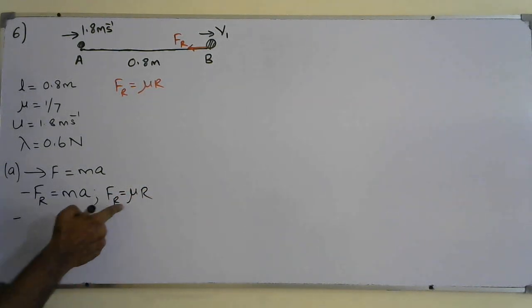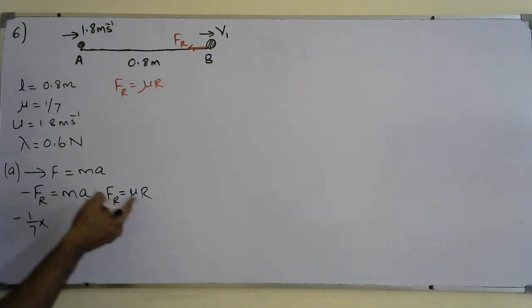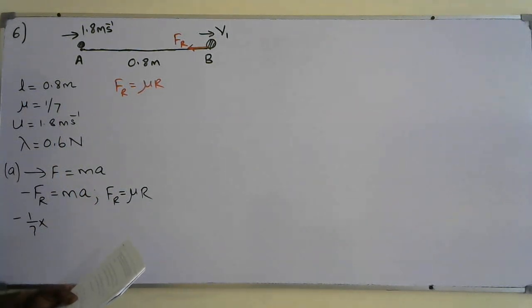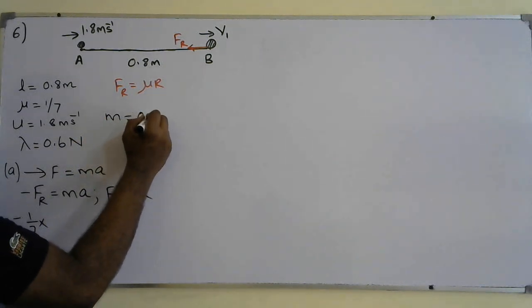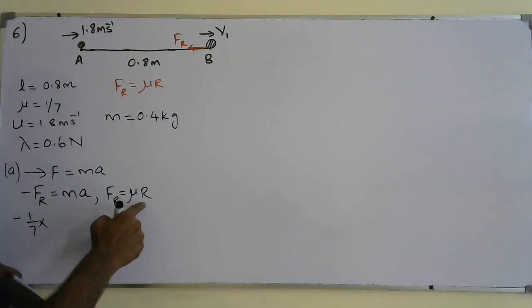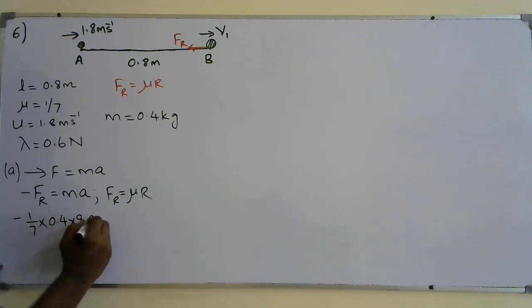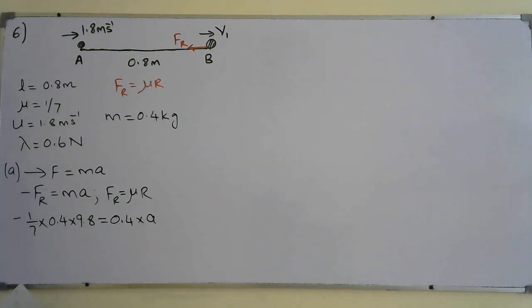So minus mu, which is 1 over 7, times R, which is mg. The mass of the particle is given as 0.4 kilogram. So R equals mg, so 0.4 into 9.8 equals 0.4 into a. The 0.4 will get cancelled.